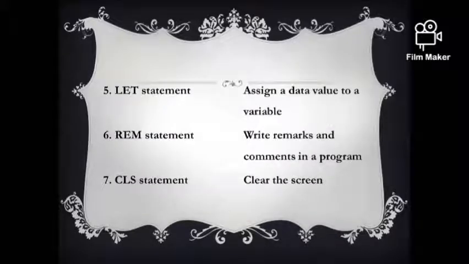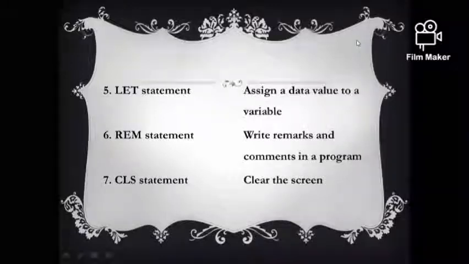Fifth is the let statement. The let statement assigns a data value to a variable. The REM statement writes remarks and comments in a program. The CLS statement is used to clear the screen.